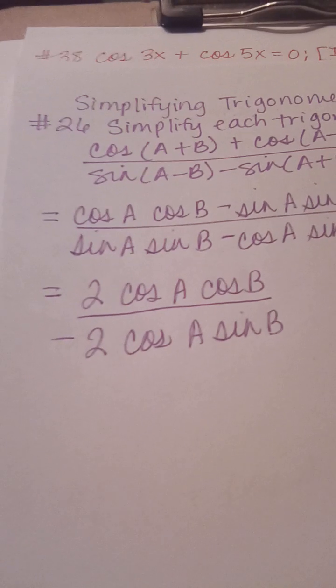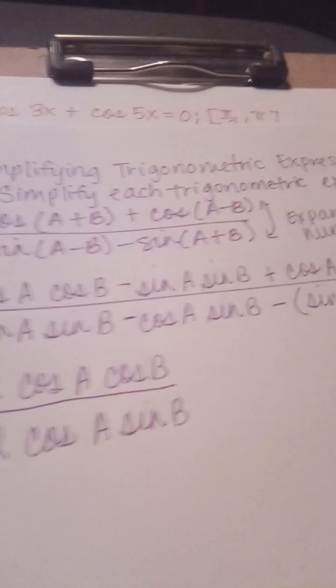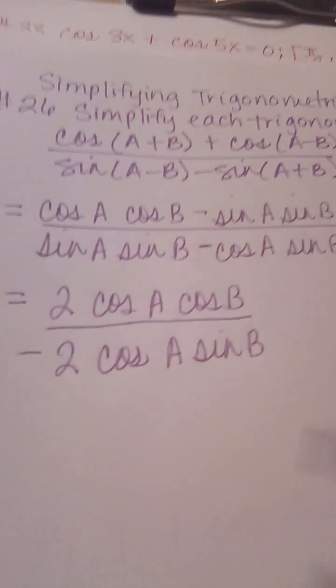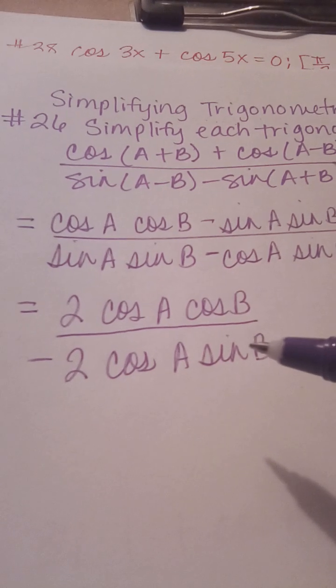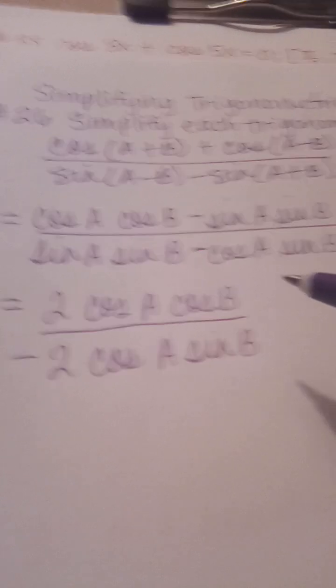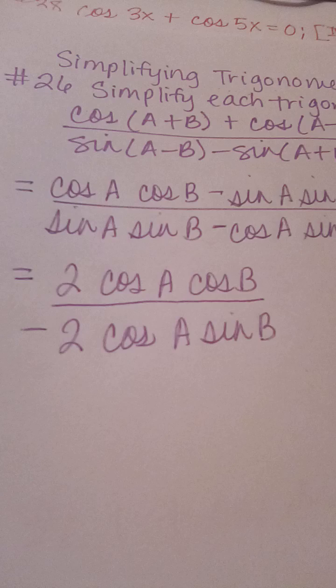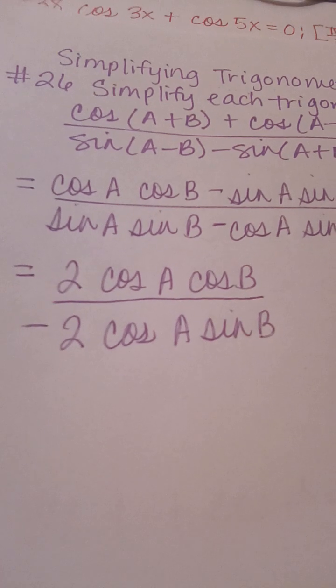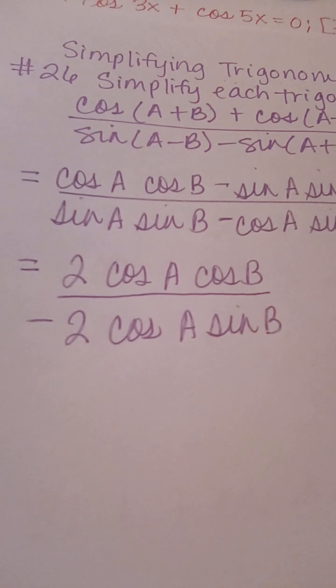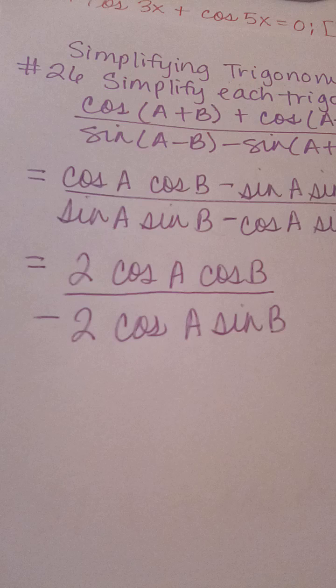So we have the numerator 2 cosine A cosine B over negative 2 cosine A and sine B. Are we up to date on this part? We can go over the steps one more time. I'll give you a minute or two. You are more than welcome to stop the video at any time.